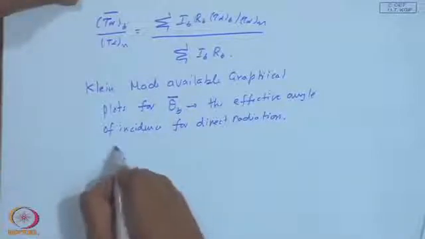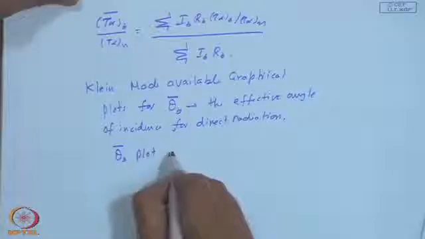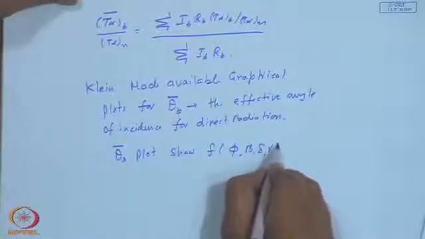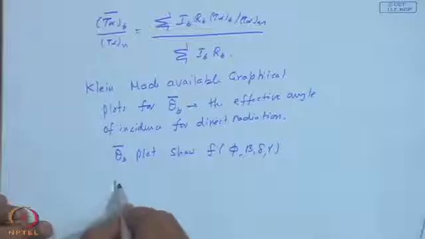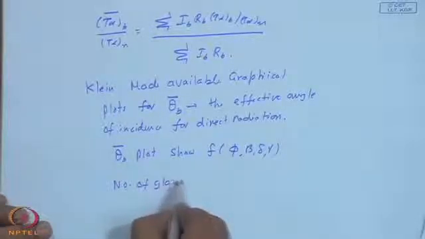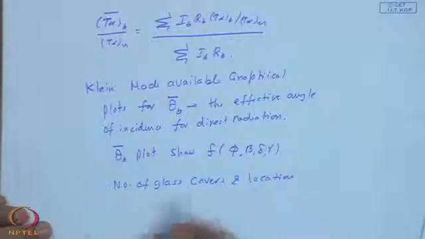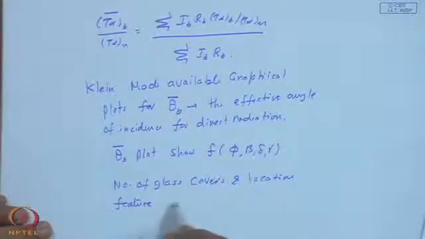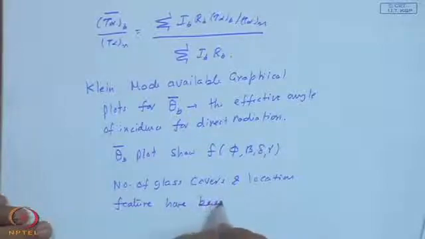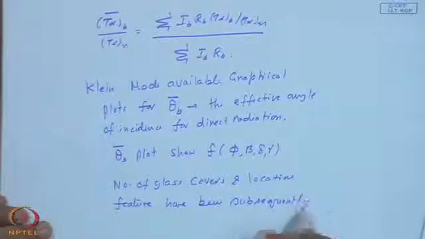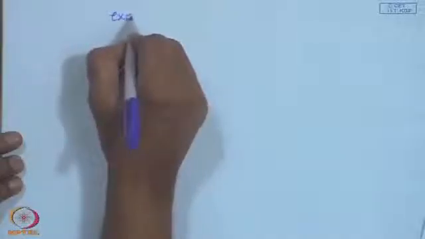And these theta b bar plots show the function of beta, delta and gamma, number of glass covers, and location feature, which have been subsequently examined.